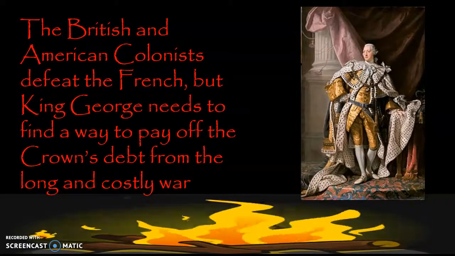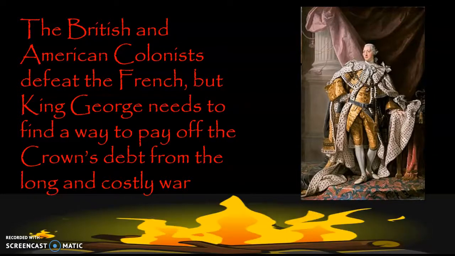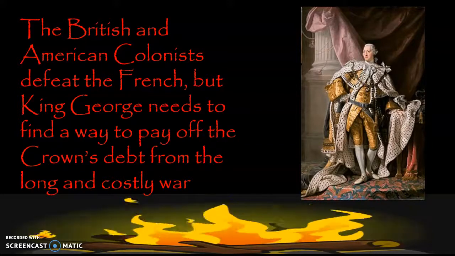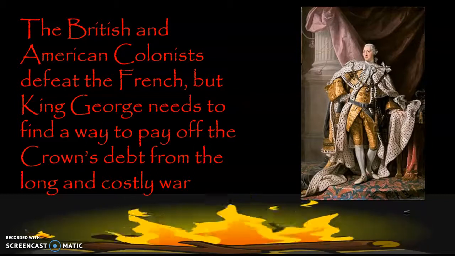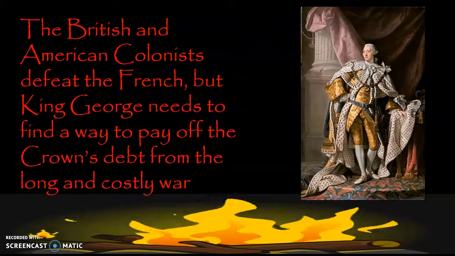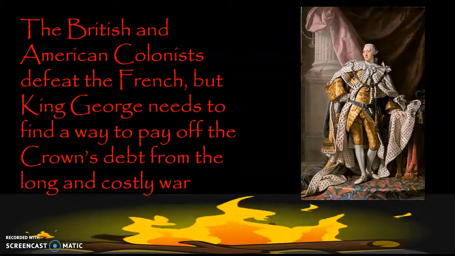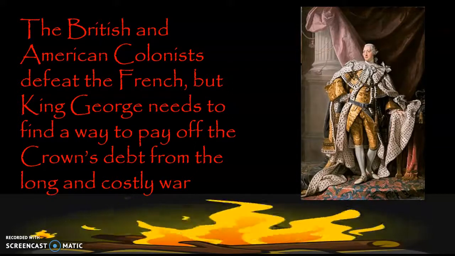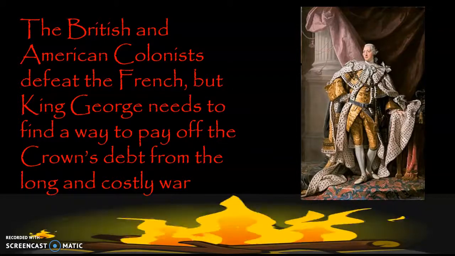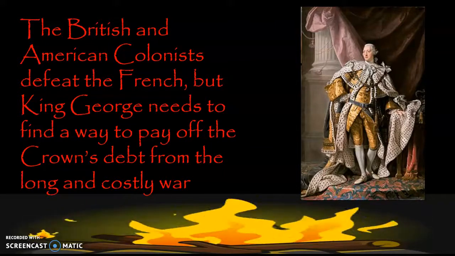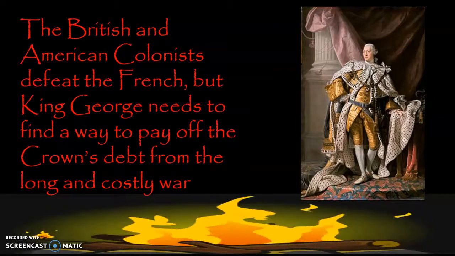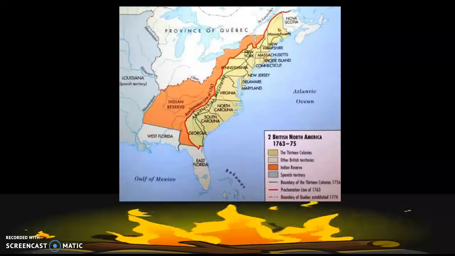This was a costly war, and he has to figure out how to pay back the debt from the war, because he owes a lot of money to different people that the English crown borrowed money from. So in order to do that, he has to go back on the long-standing policy of salutary neglect, saying, hey, we don't care what you do as long as we're making money. And they start imposing different taxes that the colonists don't really like.